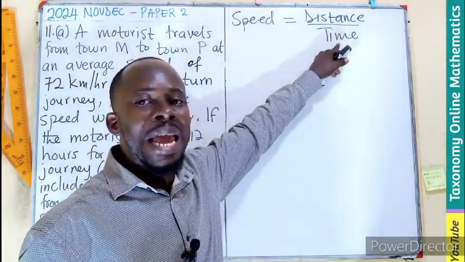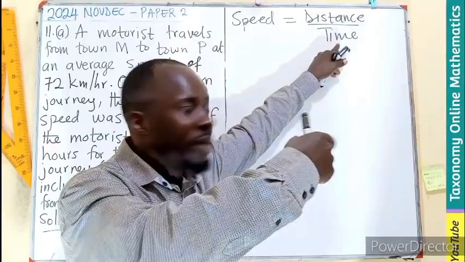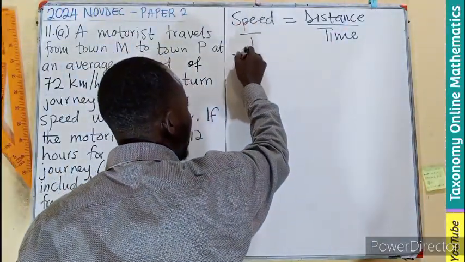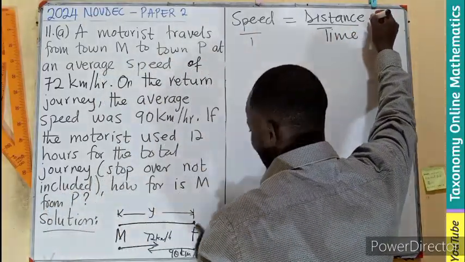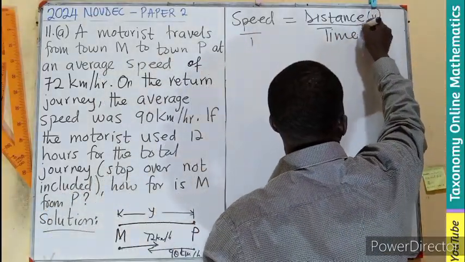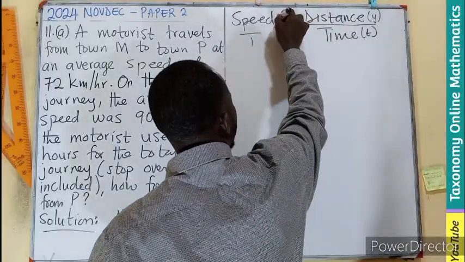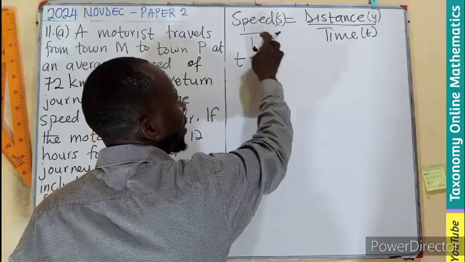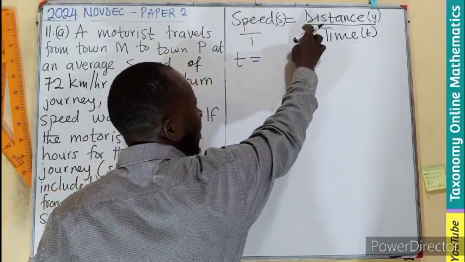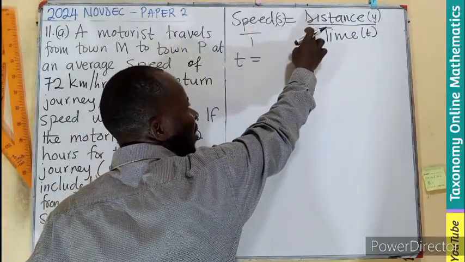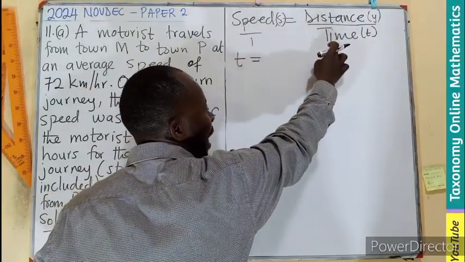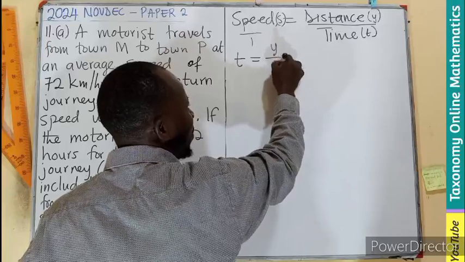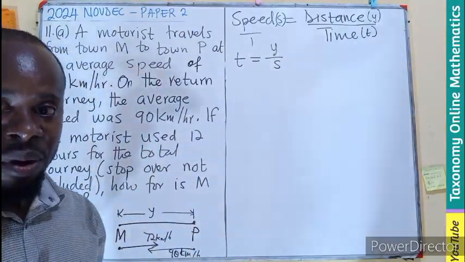So let's look out for the time used in traveling from M to P. Let me just use the y I have here and use t here and use x here. So I'll be having distance equals to speed times time. Then divide by speed, I should be having y divided by S, in terms of formula definition.